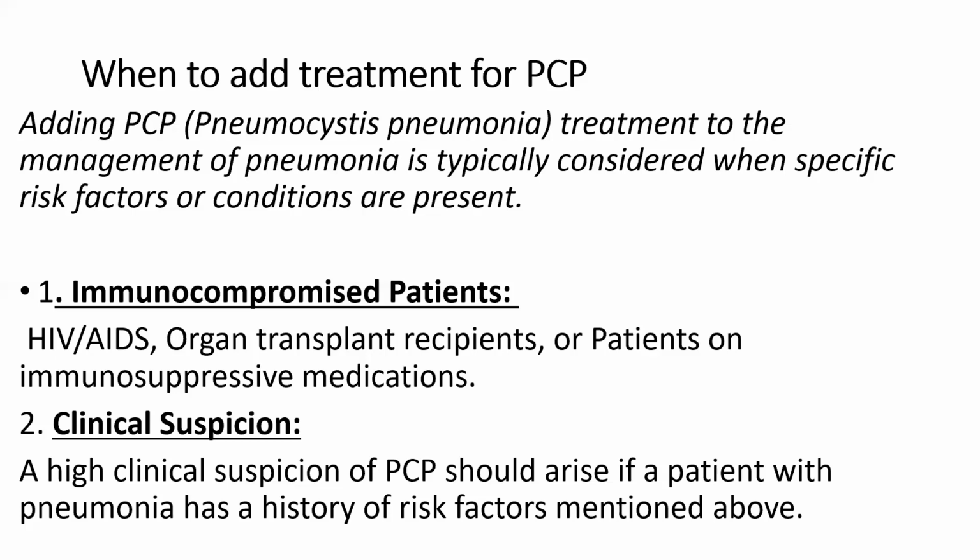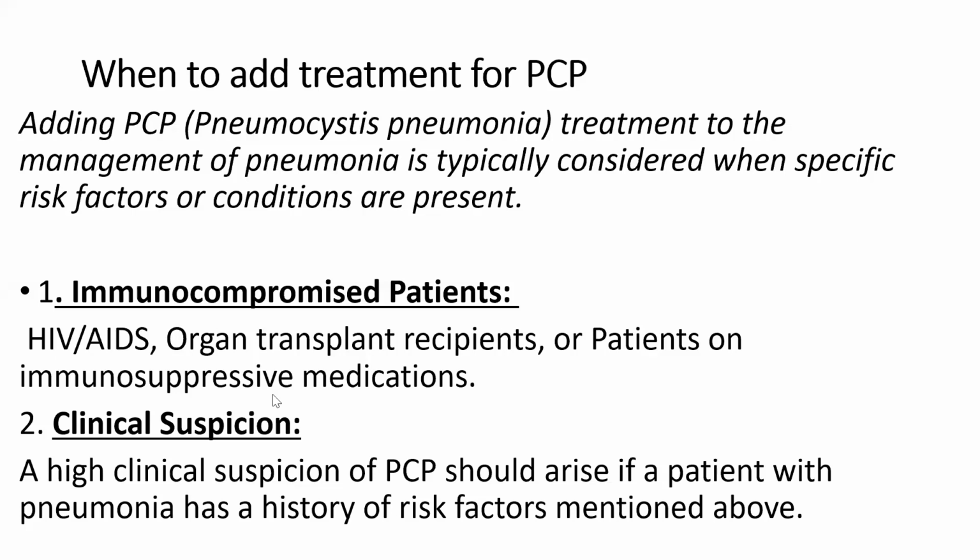For organ transplant patients, I think the only advice here is it's not advised to use cotrimoxazole long term for transplant patients. So it's specific. Most people use, I think, 6 months to 1 year. It depends on local regional guidelines for PCP prophylaxis.